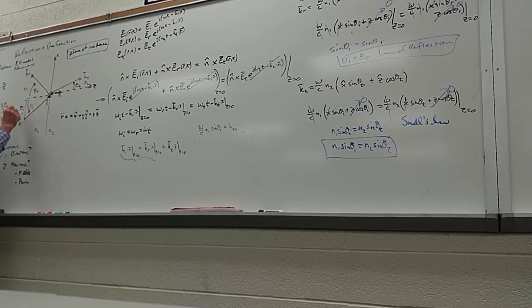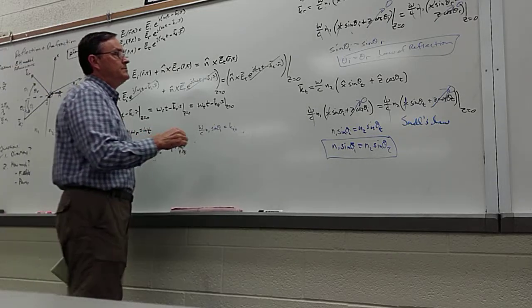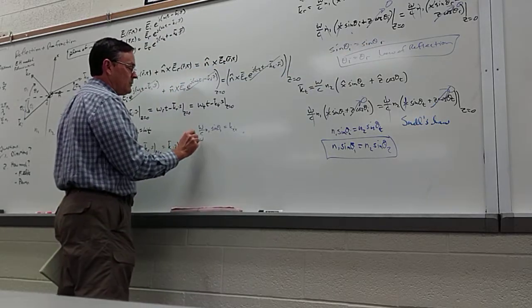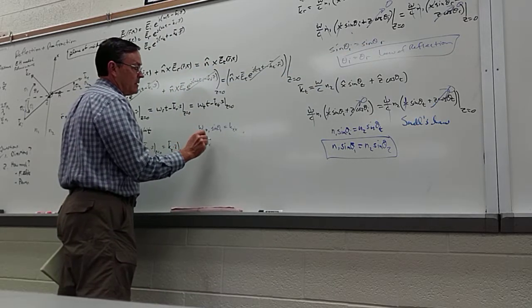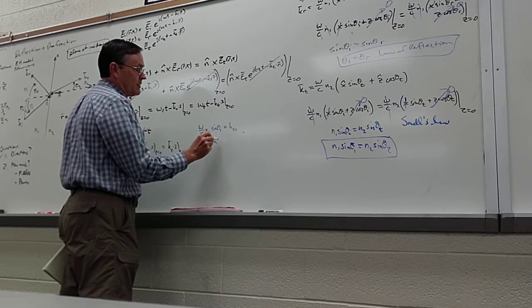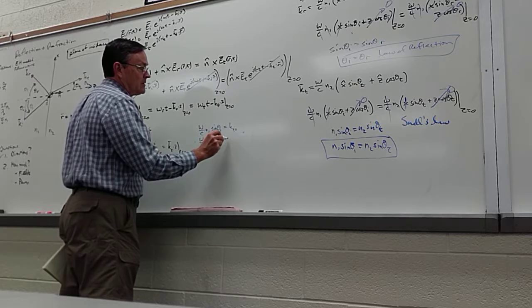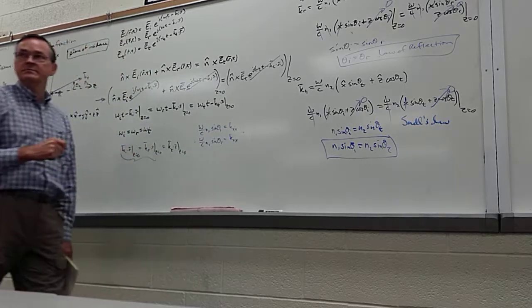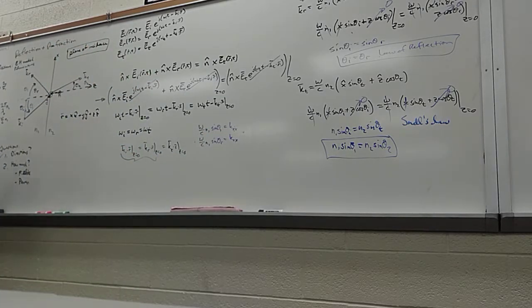This much. So k_Ix. And then on this side over here, if we multiply through by omega over c n1, notice that's just k_Rx. So that's this piece right here, k_Rx.